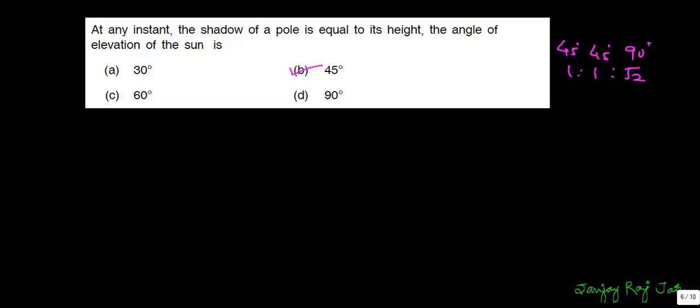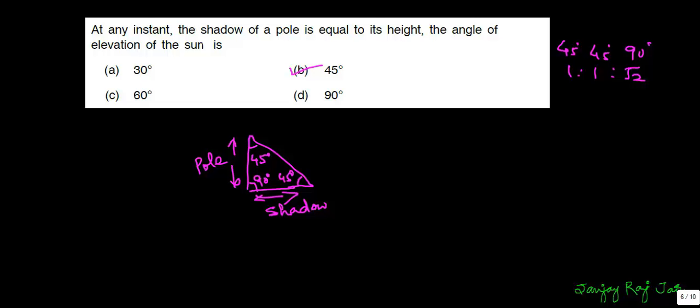So the shadow of the pole and its height, if these two sides are equal, okay, this is the pole and this is the shadow, and this is a 90 degree angle. So if these two sides are equal, then these angles are going to be 45, 45 degrees. So this is our answer.